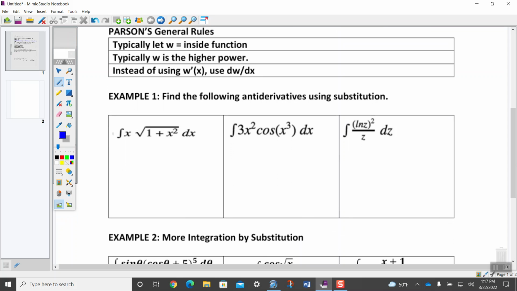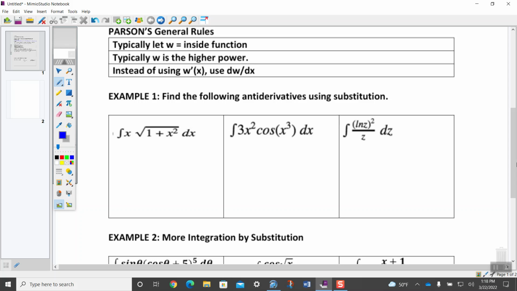Now, I've got some rules here that I think can maybe help you out. Guys, when we substitute, we typically let w equal some function, okay? And typically that function is going to be an inside function, but I'm going to talk more about that in a second. Typically it's inside of parentheses, or underneath a root sign, but sometimes the rules won't apply, okay?